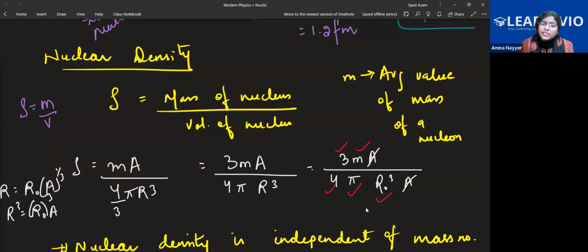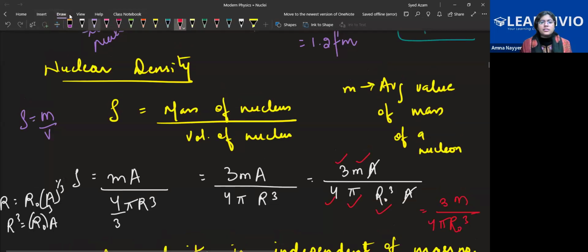If all these quantities are constant, if you put in the values, you'll always get the same answer. Like if I say, Mariam, calculate the nuclear density for lithium, you will put 3 m by 4 pi r naught cube. That's it. You do not have anything that will make it different for different elements or different atoms. It means this nuclear density value will be constant.